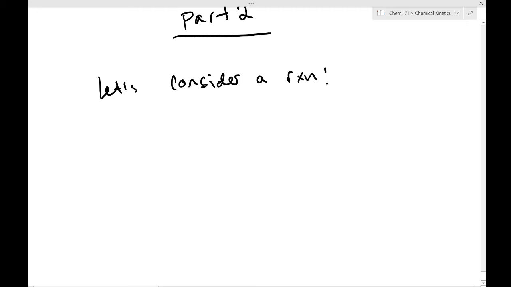So there is a chemical called methyl isonitrile.